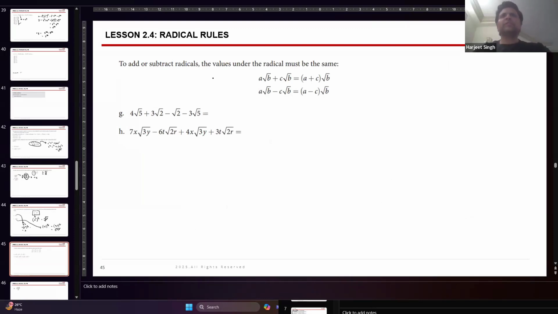Two other rules: if you add and subtract radicals, you can club the constant terms together if the radicals are the same. So how will we solve the first one?